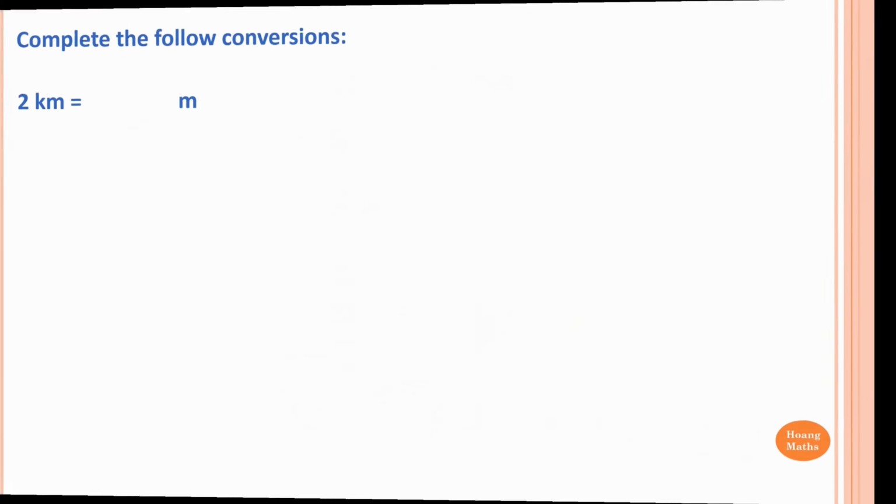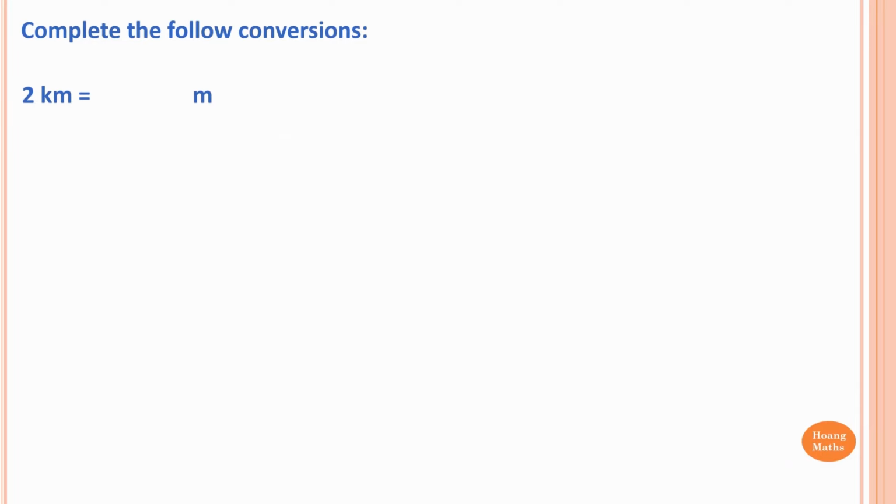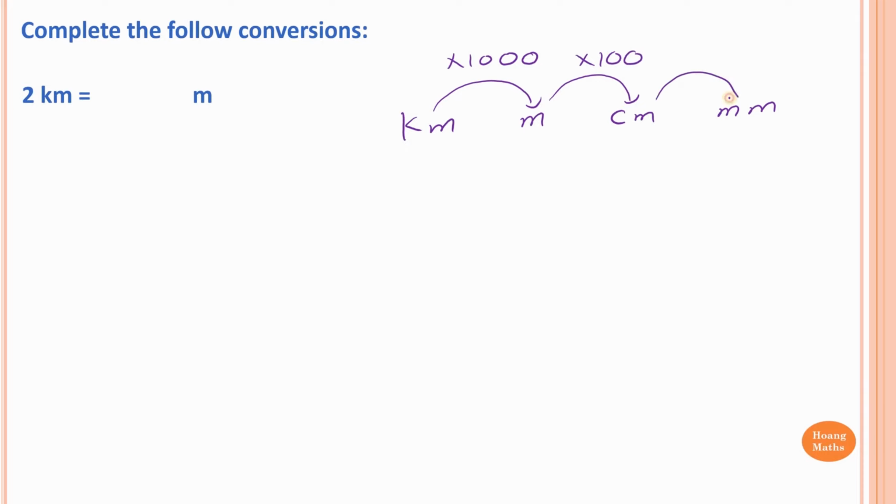Alright, let's do a few examples. So first one, I want to convert from kilometers to meters. If I don't remember 1 kilometer is 1,000, it doesn't matter. You just write kilometers first, followed by meters, centimeters, and millimeters. Then we quickly write the chart out: times 1,000, and you times by 1 zero less, so it's 100, and then another zero less, which is 10.